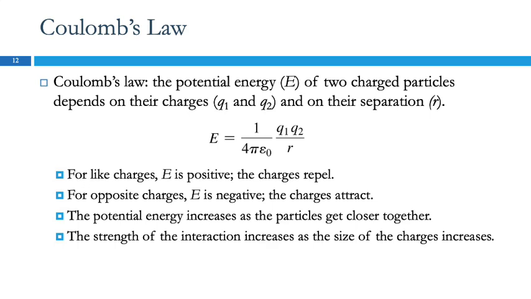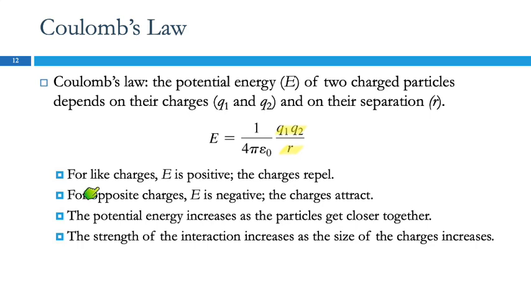Coulomb's law is also an important concept in talking about electrons and charges in general. So this is Coulomb's law, the equation, and we're not going to actually calculate anything with it, but what we're interested in is the Q1, Q2, and the R. So Q1 and Q2 are the charges on the 2 different things, and R is how far apart they are.